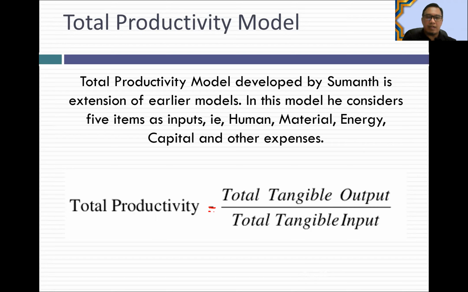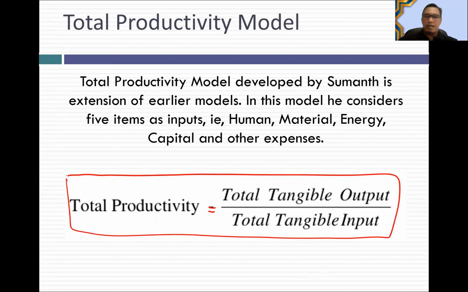So total productivity is total tangible output per total tangible input. One thing that differentiates the model developed by Sumanth from the other models is that Sumanth's model clearly talks about tangible input and tangible output.